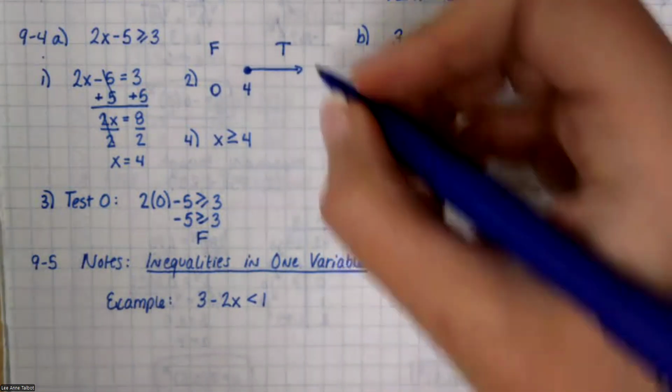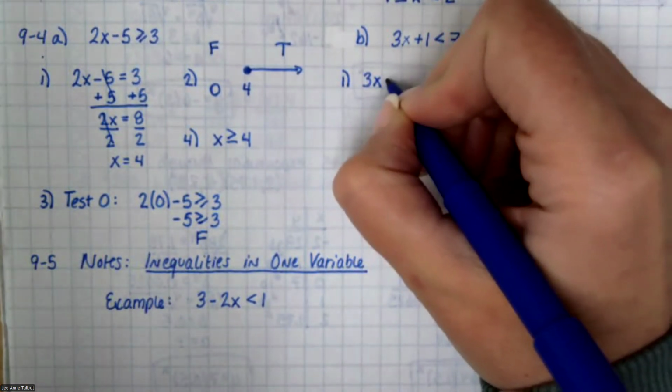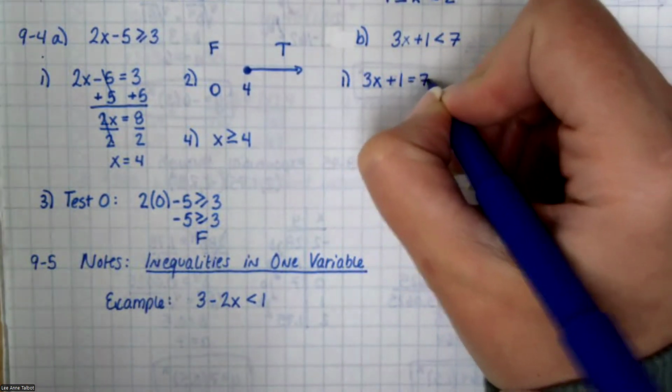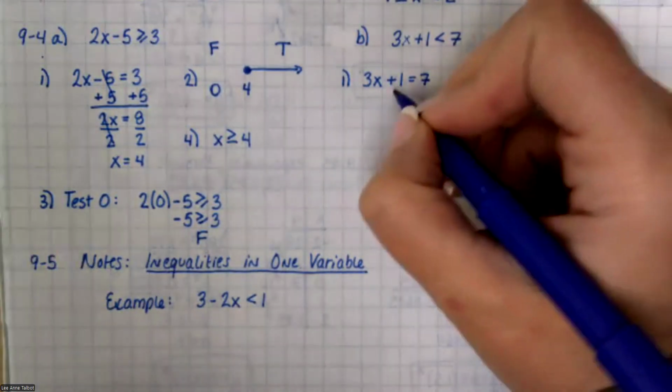Okay, B. Step 1, pretend it's equals 3x plus 1 equals 7. I like this part.